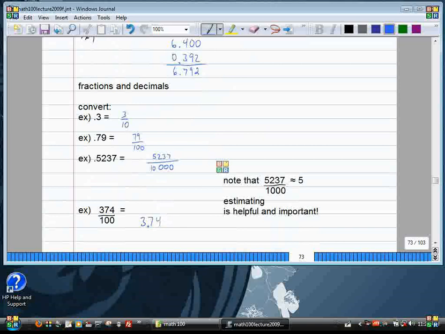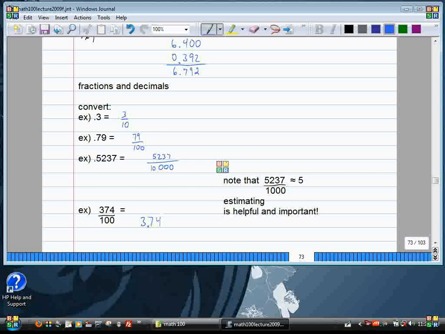This goes back exactly to what Jonathan said before. Dividing by 10, or in this case powers of 10, or multiplying by them, is the same as moving the decimal 1 space each time. So if you go back to the previous problem, 5237 divided by 10,000, all that means is that we're going to move the decimal point 4 places.